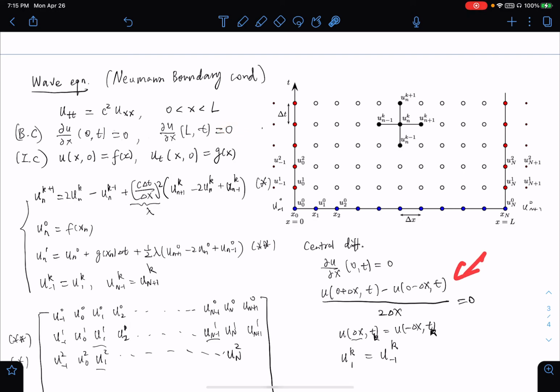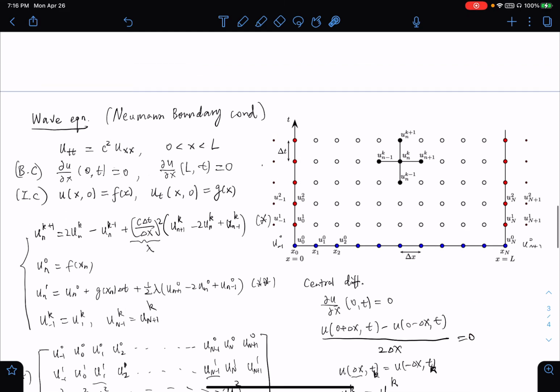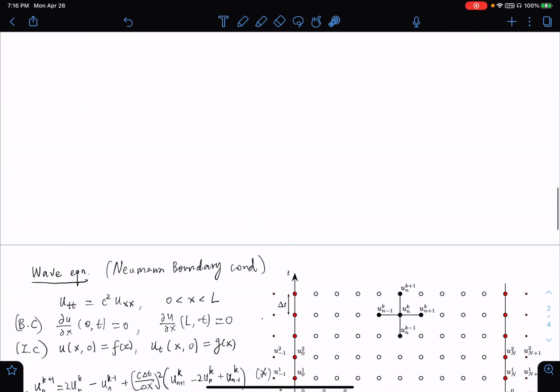Basically, you use the same difference formula, but here it's not 0 but specified by some function alpha or beta of t.